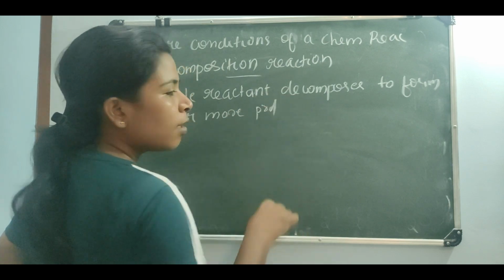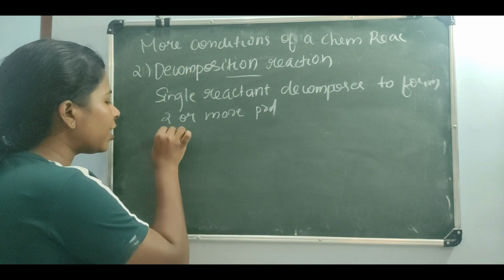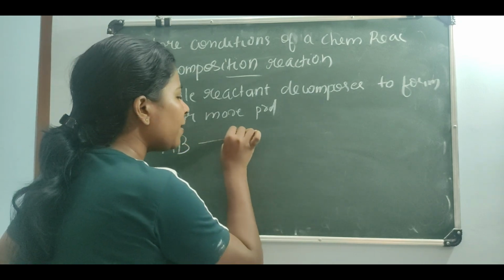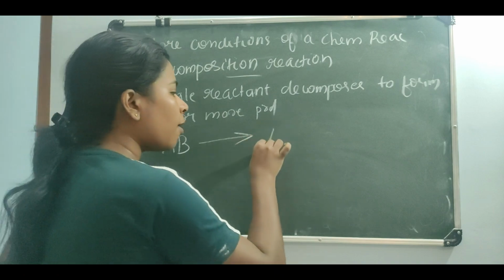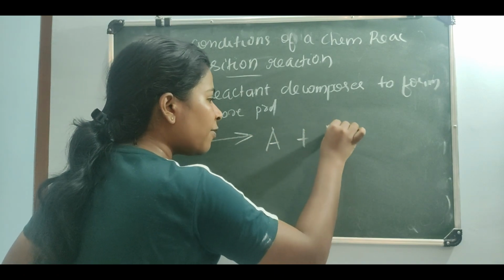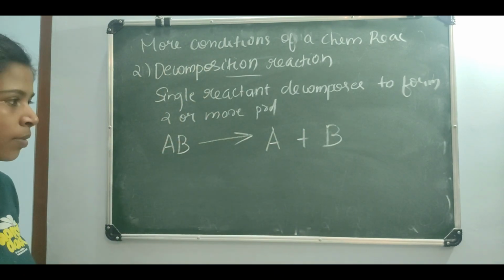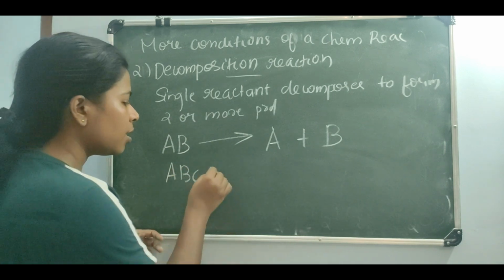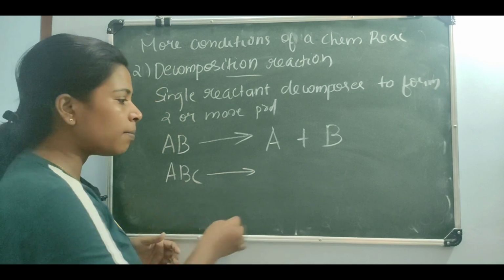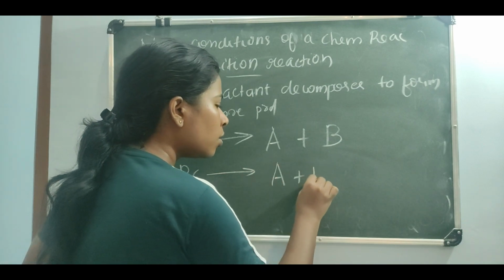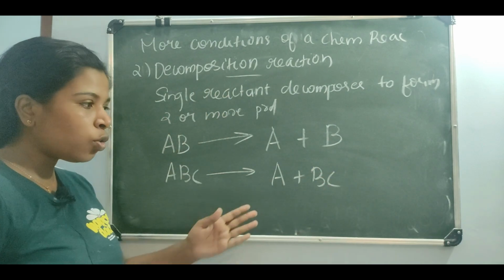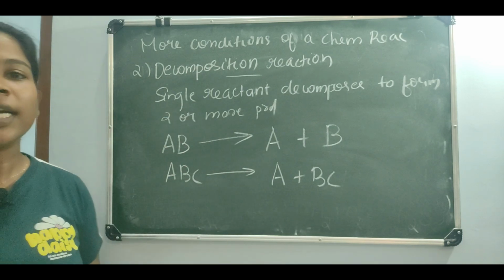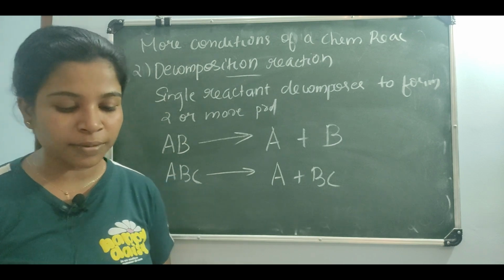The representation can be done like this: suppose this is the reactant, it will be decomposing to form two different products. Suppose another, ABC, a reactant, is decomposing to form two different products. Understood? So this is known as decomposition reaction.